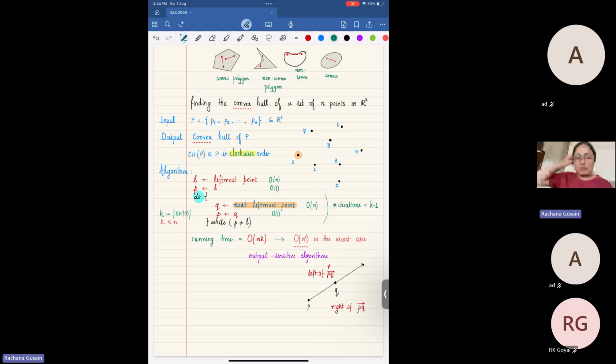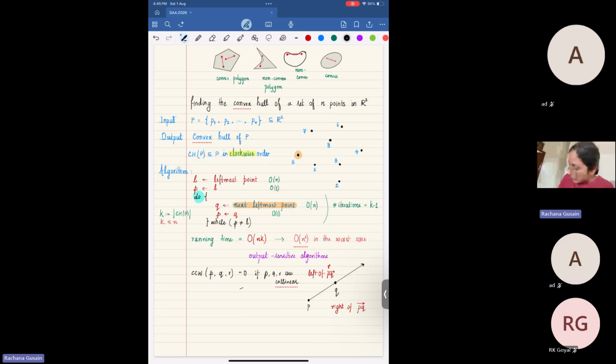In geometry, it is most commonly referred to as a counterclockwise test, CCW test. CCW, counterclockwise, takes as input 3 points, P, Q, and R. It will return a number: negative, positive, or 0. It is equal to 0 if P, Q, and R are collinear, on the same line.